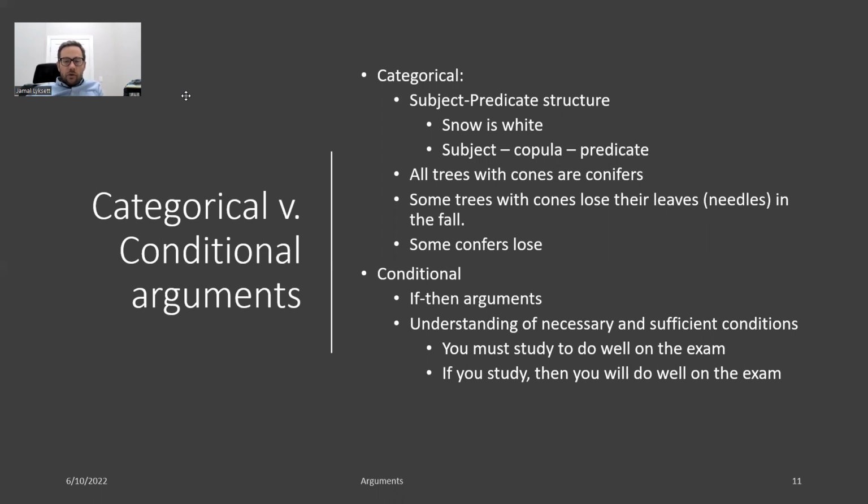It just says some of them are. And so when we have some there, our conclusion, you'll notice, can never be all. We can't get all if we have some as one of our premises. Some conifers, oh, I'm sorry, that should have been a conclusion. Some conifers lose their needles.